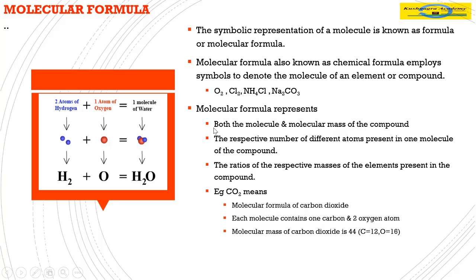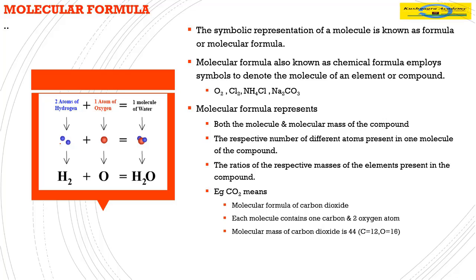First we will come to the first point, that it represents both the molecules and the molecular mass of the compound. So how does it represent both? Here the example of water is given. So how does water form? When we take 2 atoms of hydrogen, here the 2 blue balls represent the 2 atoms of hydrogen, and one red ball represents 1 atom of oxygen.